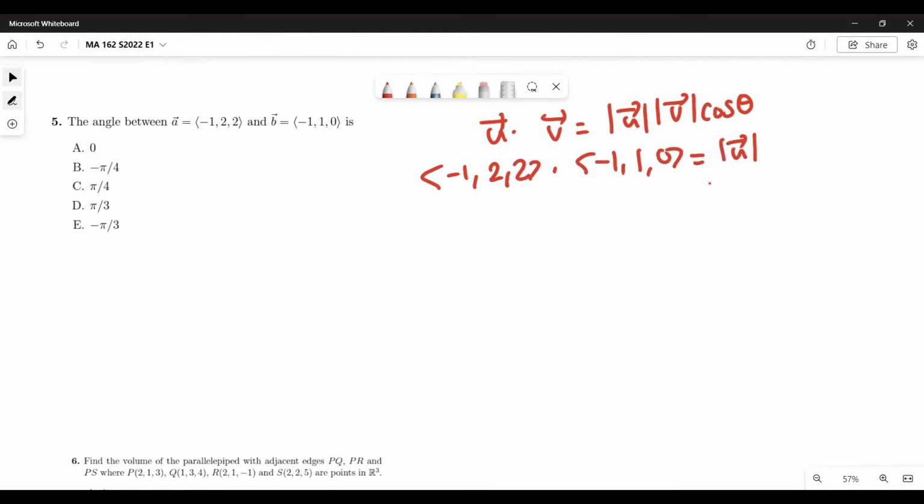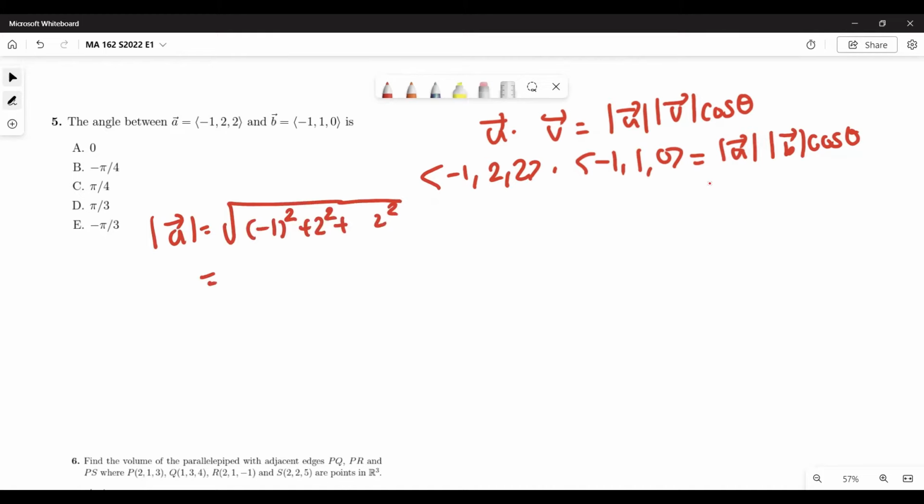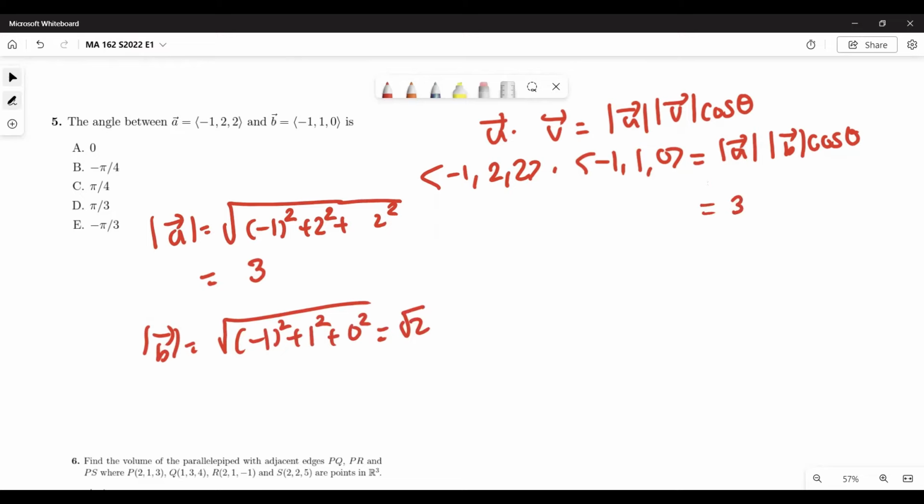Let's find our vector A magnitude. Vector A magnitude is the square root of -1 squared plus 2 squared plus 2 squared. This just becomes 3. Vector B magnitude is the square root of -1 squared plus 1 squared plus 0 squared. This becomes square root of 2. So this is 3 times square root of 2 times cosine theta.